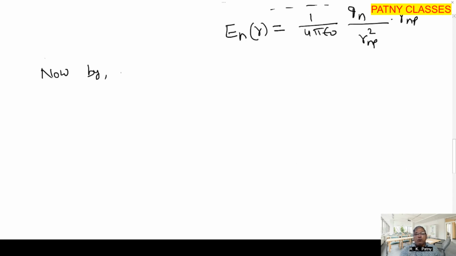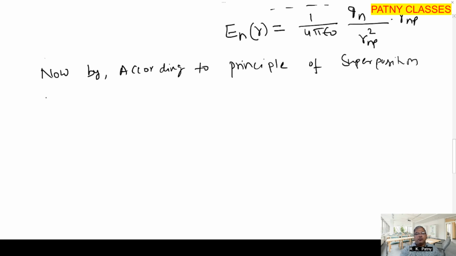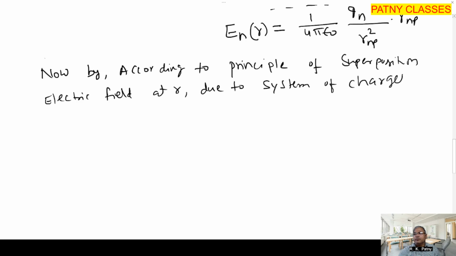Now, according to the principle of superposition, electric field at r due to a system of charges is given by addition of all the charges.